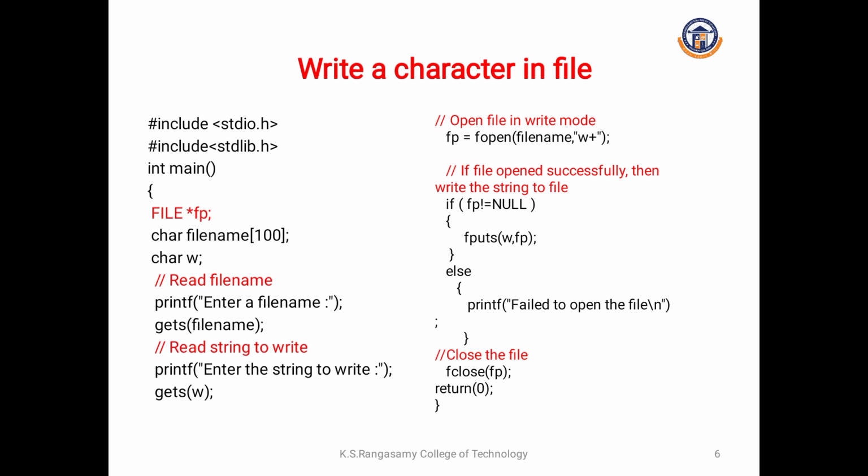If the file is not equal to null, there is something in the file, I have to put that particular value present at w into the file. Therefore fputs, w, fp. Else, if it doesn't have any values, it means it failed to open the file, and I have to close the file. So fclose of fp. This is for writing a character in the file.